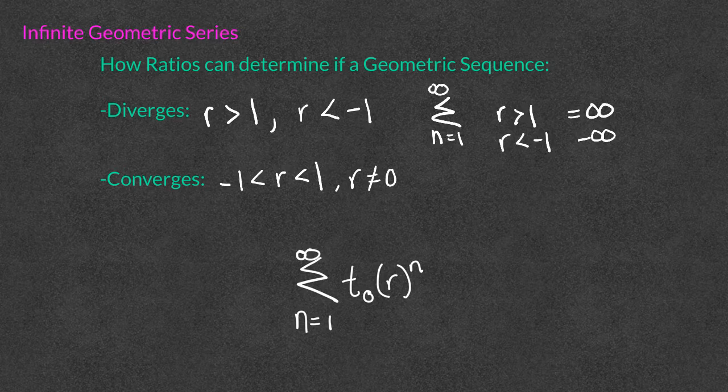So for that to be the case, we would have the summation of the start, so my n value equaling 1, heading off to infinity. That's where I'm going to stop.